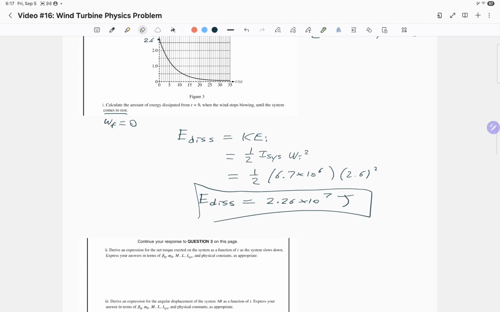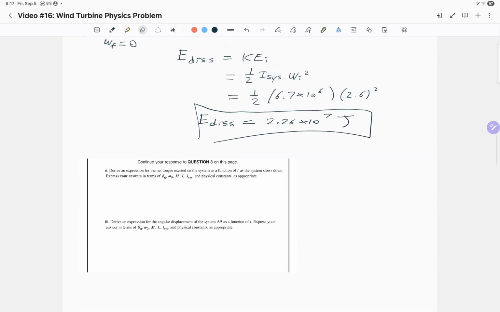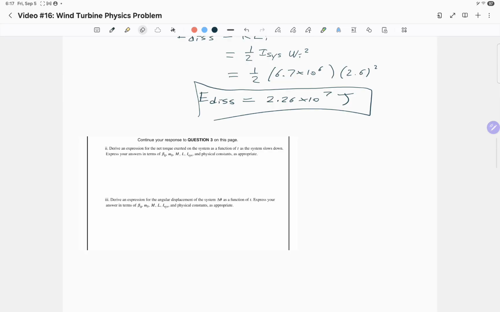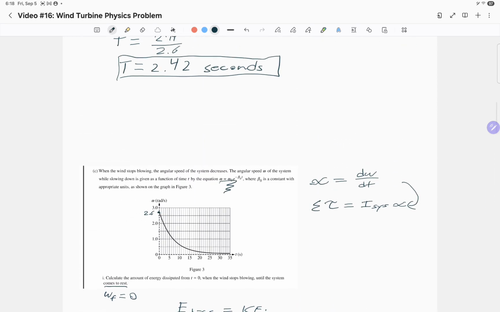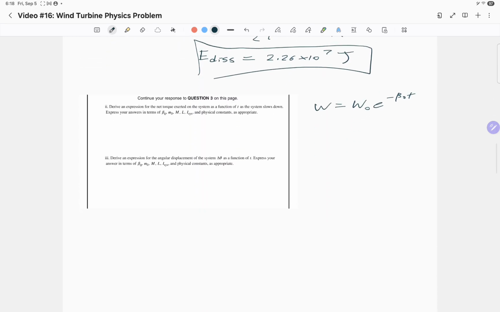So let's take the derivative of what we have up here. Omega equals omega sub 0 e to the negative beta sub 0 t. Now d omega dt, we do chain rule here.